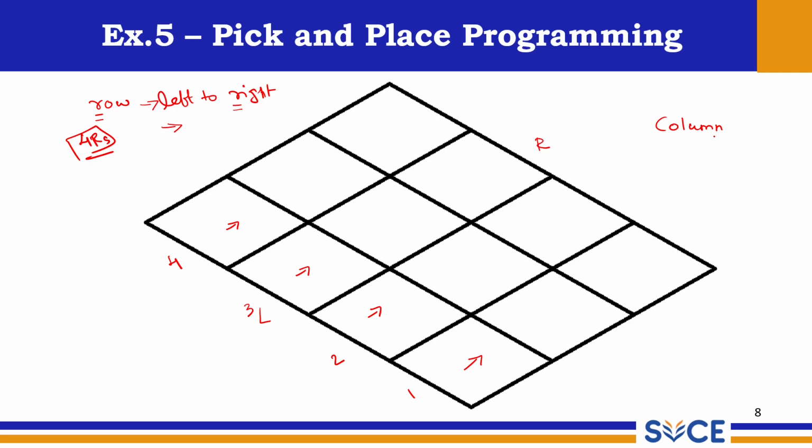Column means climbing, steps, climbing. Climb: this is C, this is C. Here, how many are you going to climb? Climb from bottom to top. When you take bottom to top, it is going to be 1, 2, 3, and 4. That is how we will be looking into it.